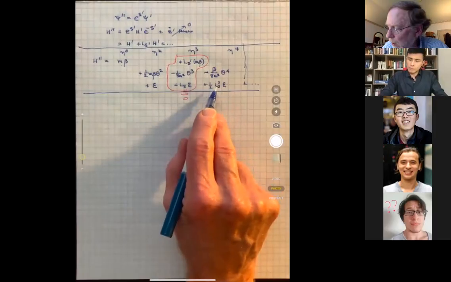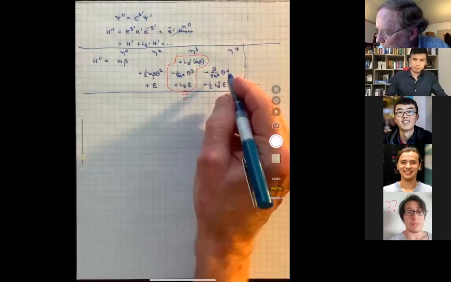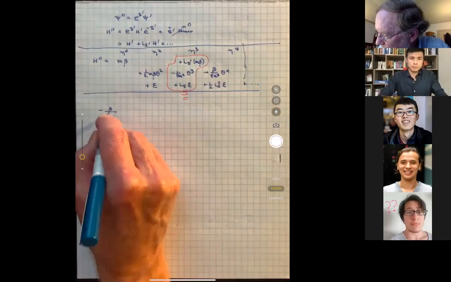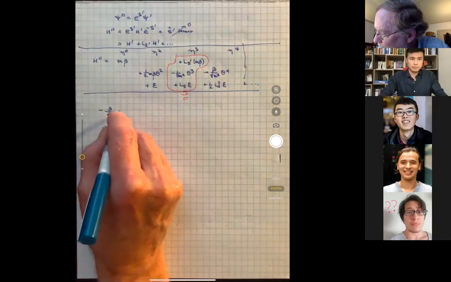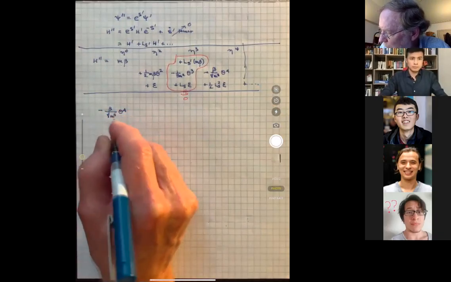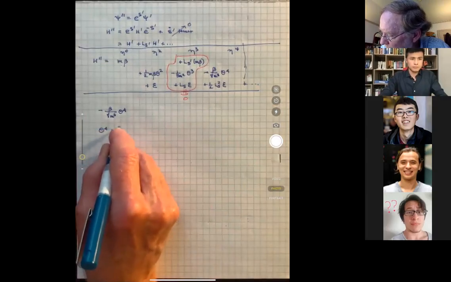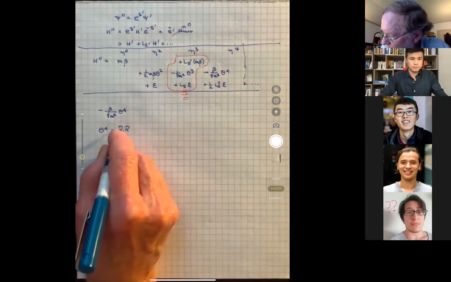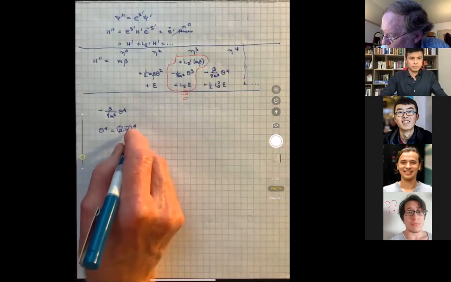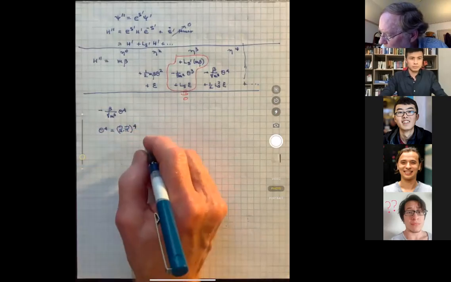Let's look at the first one. That's minus beta over 8m³ times O to the 4th. Now look at O to the 4th. O to the 4th is the same thing as alpha dotted into pi quantity to the 4th, because that's what O is.